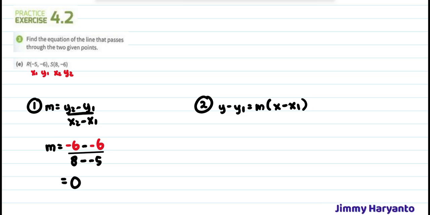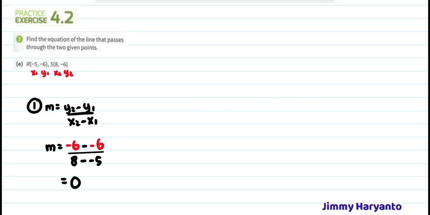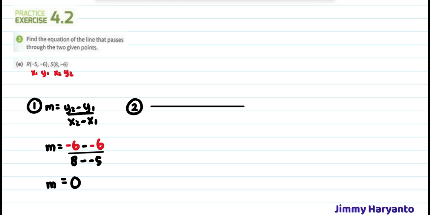Because it is 0, that means we don't have to use this formula. You can use the formula also, and you'll have the equation of the line, but because the gradient equals 0, that means the line will be a horizontal line, and the equation of a horizontal line is y equals b, right? That means the equation of the line for this one is y equals b, which is negative 6.